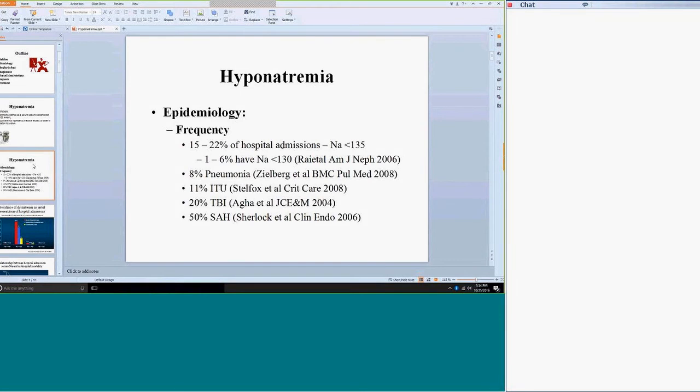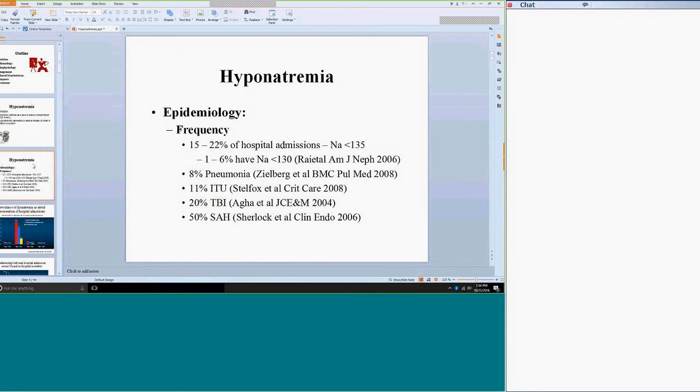Hyponatremia is quite a common problem. If you admit 10 patients, I'm sure there are 2 or 3 people with low sodium levels. In published data, the prevalence depends upon where the patient is, and ranges from as little as 10% to as much as 50%.